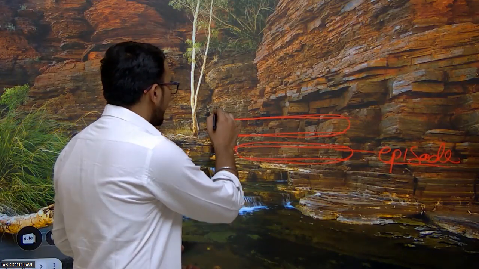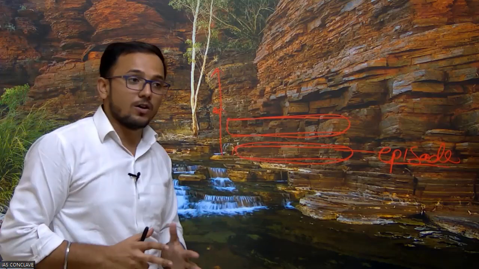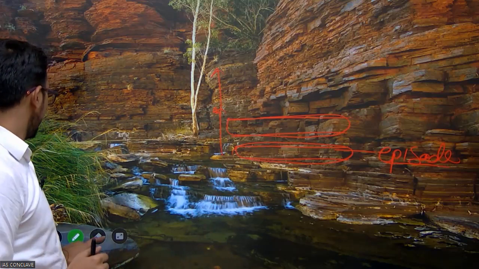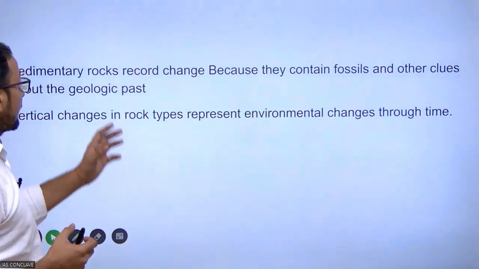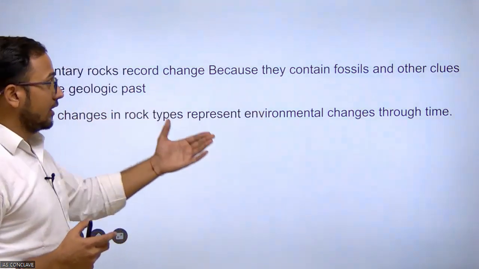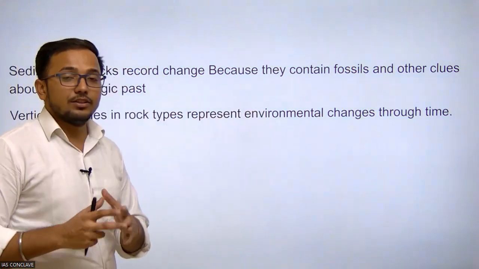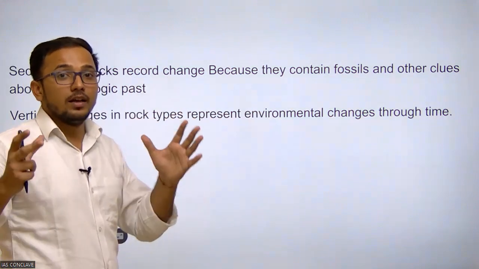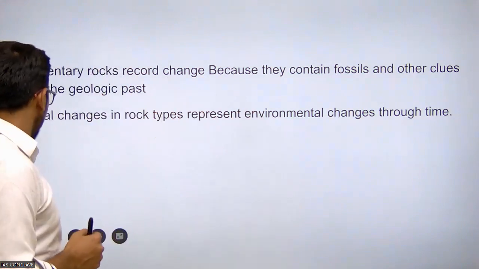Because they form under different environments, these vertical configurations of sedimentary rocks provide clues to the geological past. Sedimentary rocks record changes because they contain fossils and other clues. Vertical changes in the rock type represent environmental change through time. This is how sedimentary rocks hold importance as clues to the geological past.